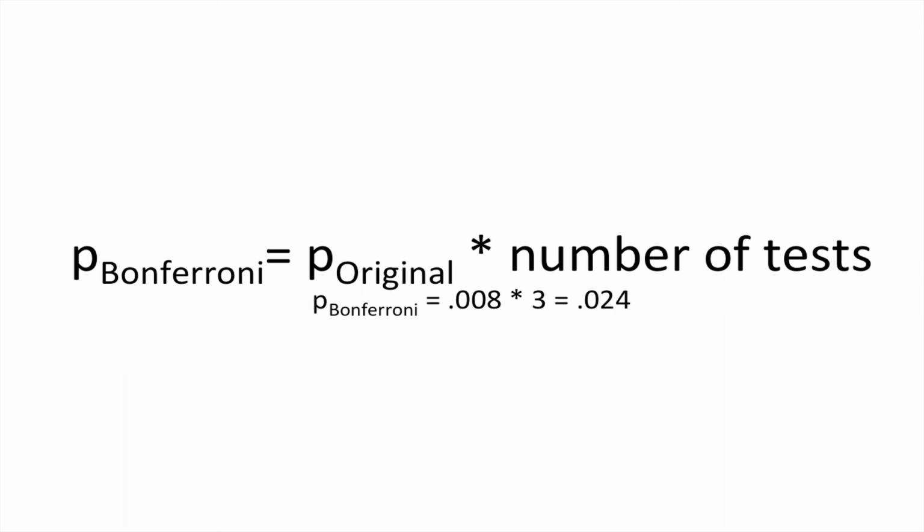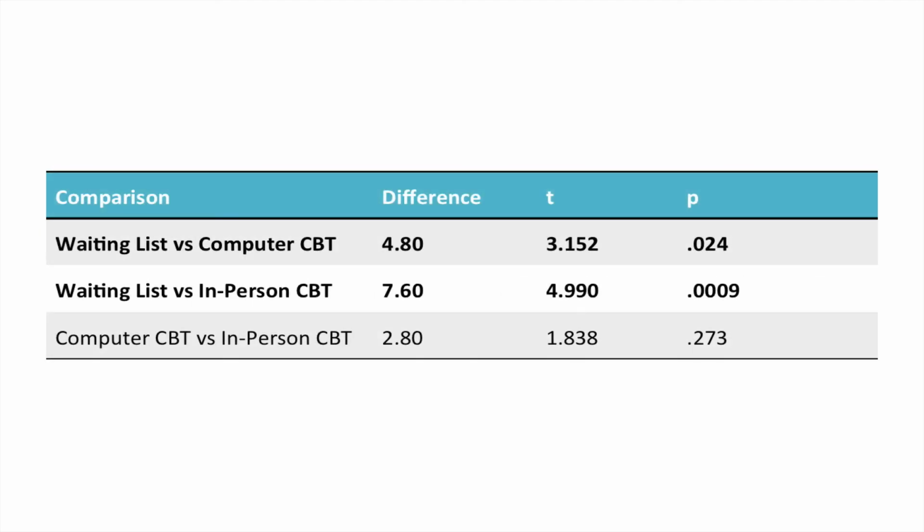And I've gone ahead and calculated it here in table format, and we see that our effects did indeed get less significant to compensate for the fact we've done more tests and there's more chance we're going to find a difference.